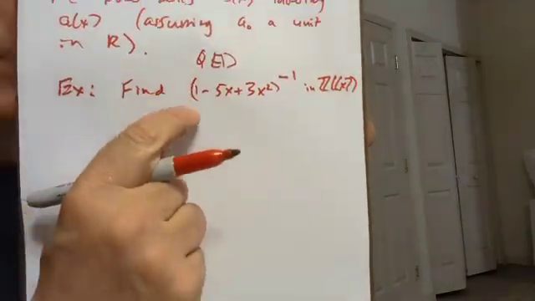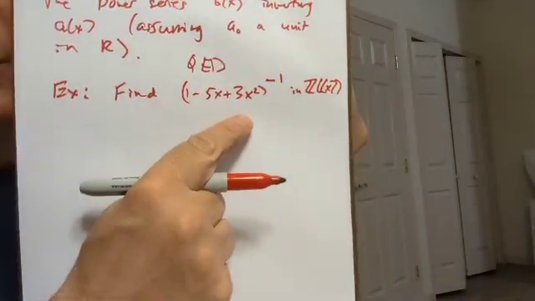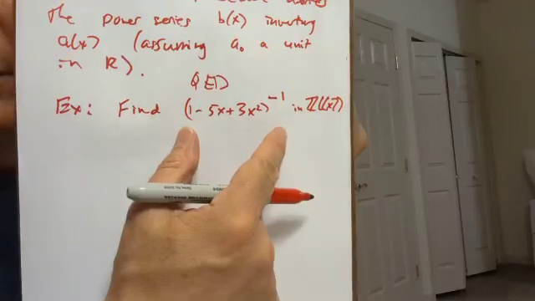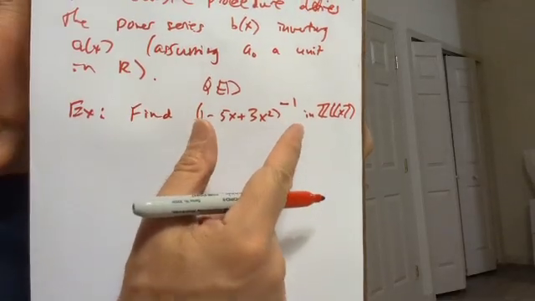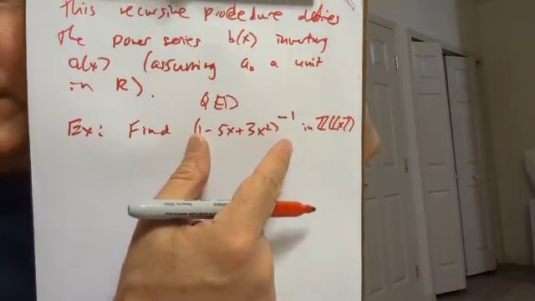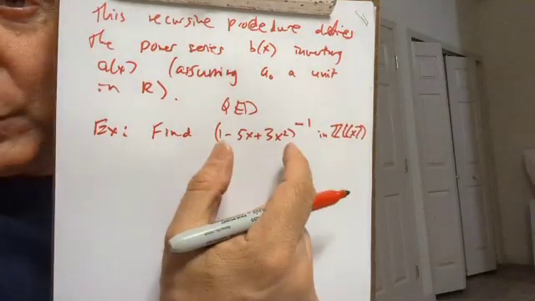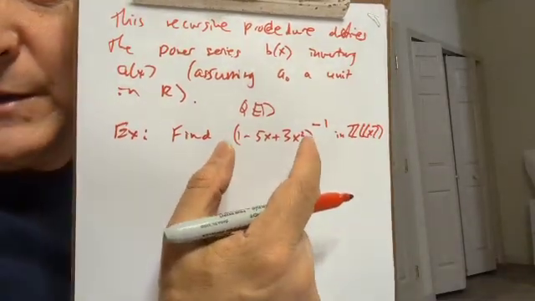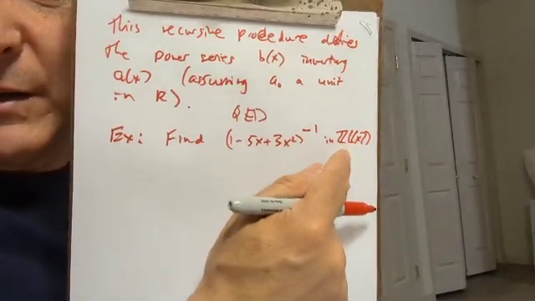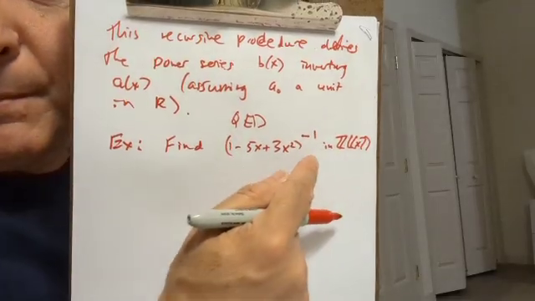So we're looking for the inverse of 1 minus 5x plus 3x squared. This is just a polynomial, but polynomials are special cases of power series. We just have all zeros after a certain point. So let's find the inverse of this in the power series ring.